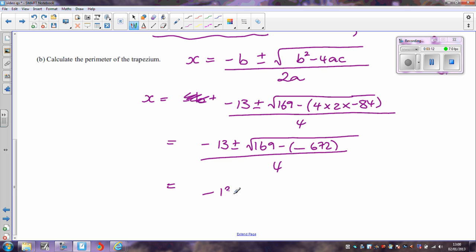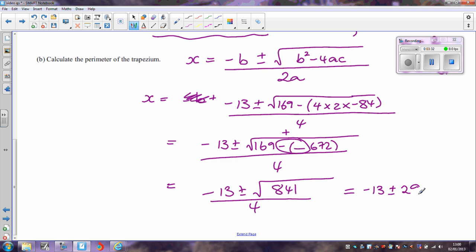And I'm now going to work out minus 13 plus or minus. If I now do the part inside the square root sign, these are added together. 169 add 672 comes out as 841, and that is divided by 4. And if we work out the square root of 841, it comes out as 29. So I've now got to work out minus 13 plus or minus 29 divided by 4.